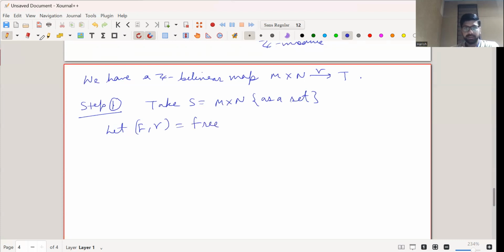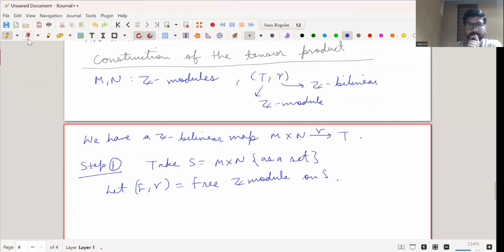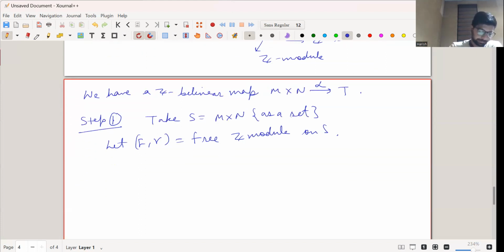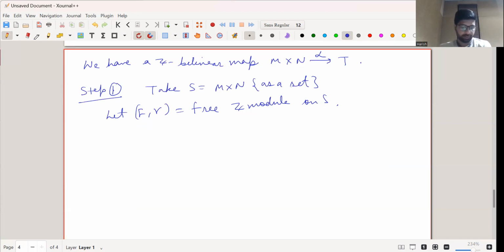So it's a free Z module on S. Maybe I will use alpha here because gamma is coming for the free module. So here it's alpha, and gamma is the map that is coming with the free Z module. The free Z module has a map from S to F, right?